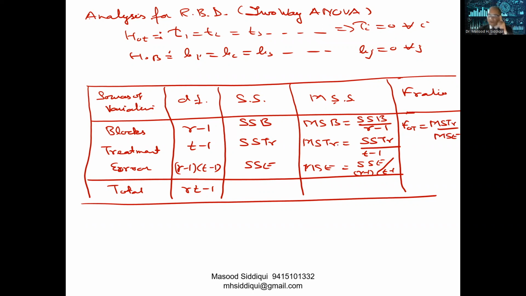The other one is not required, but even if we go with it, F0B is equal to MSB divided by MSE. Now F0T follows the F distribution with, in the numerator, MSTR with degrees of freedom T minus 1, and for the error (R minus 1) into (T minus 1). And accordingly, we decide whether to accept or reject the hypothesis.